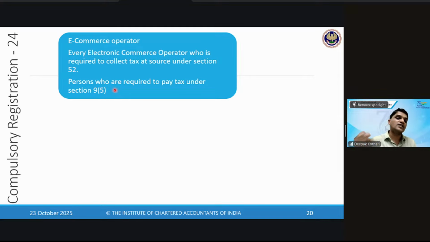And 9(5) says a person who is required to pay tax under 9(5), he is an e-commerce operator, has to take compulsory registration. Now, who is this 9(5) category of people? And who is this first category of people? Can you give me some examples? Who is under this and who is under this?